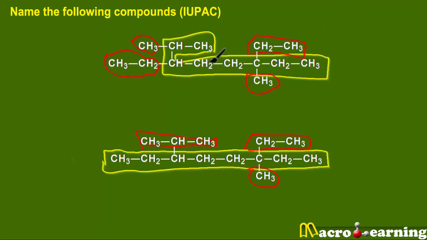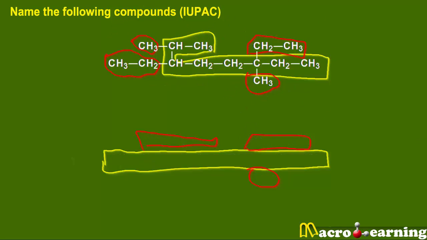If this were the main chain, we would have 4 substituents, 4 branches. But in this case, we're only going to have 3 branches. So if there's a difference in the number of branches, the number of branches is the deciding factor when it comes to which one is the right main chain. So this one is correct. Let's get rid of the other one.